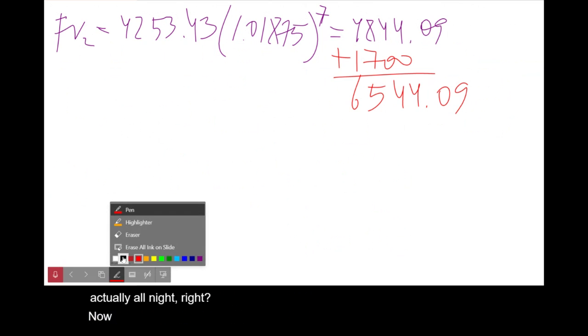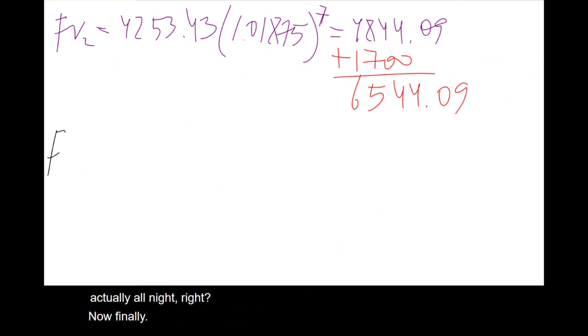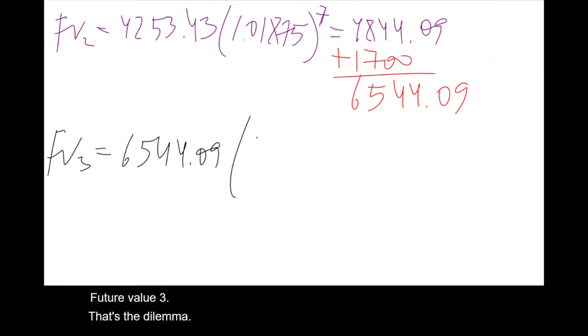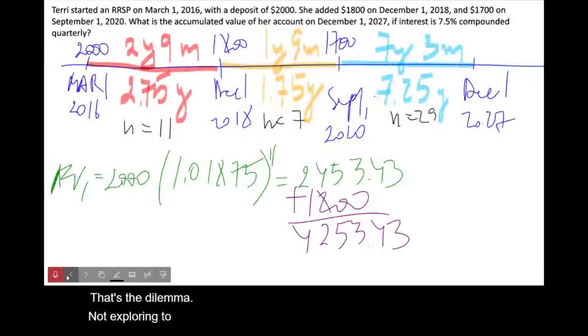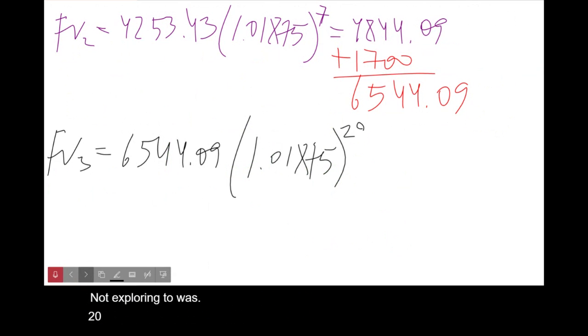Now finally, future value 3. That's that amount, and the exponent was 29.